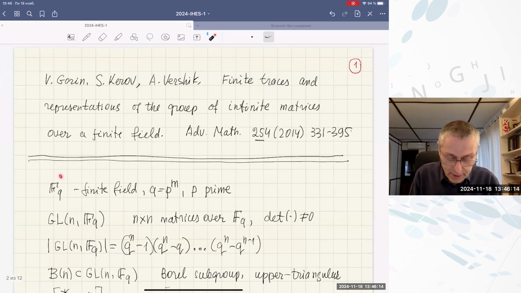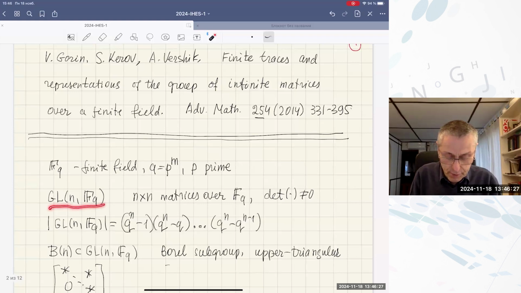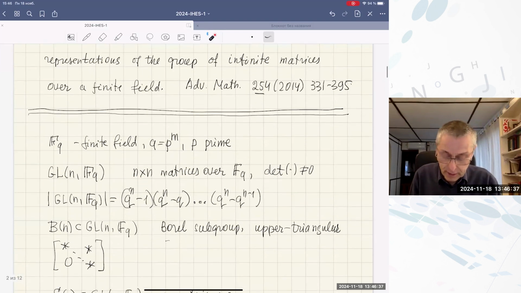So let's fix a finite field with q number of elements, where q is a power of a prime p. And let's examine the general linear group over this field. These are n by n matrices which are non-singular. This is a finite group, and this is its order.